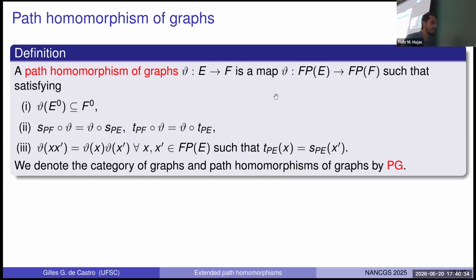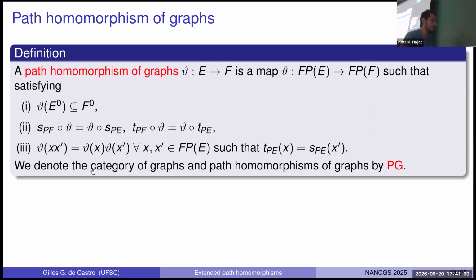Another way of looking at this, for those who know, is that finite paths on E can be seen as a category itself, where the objects are vertices and the morphisms are paths. Basically, this is just saying that this theta is a functor between these two categories. But I'm not going to need to look at this in that setting, so we just look at functions which are multiplicative, send vertices to vertices, and preserve source and target.